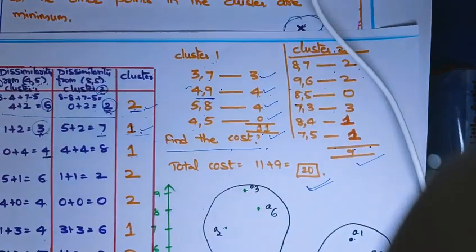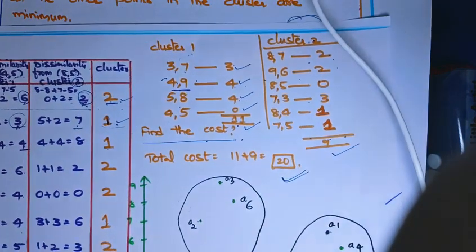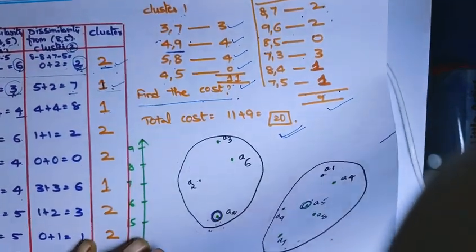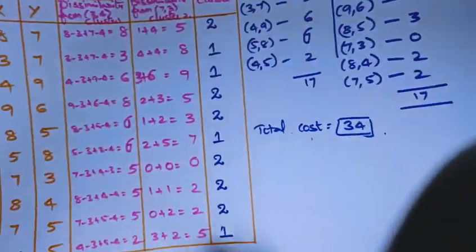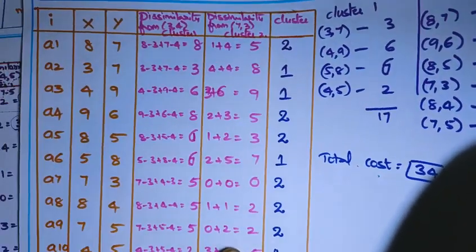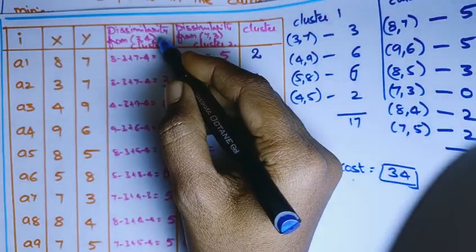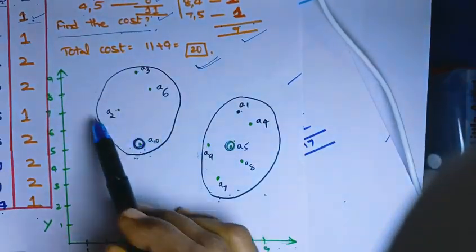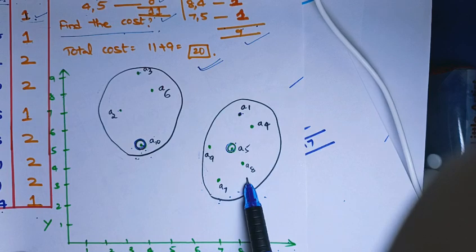After calculation of these two, next you need to randomly check another two centroids. Already we have seen this is cluster 1, this is cluster 2.